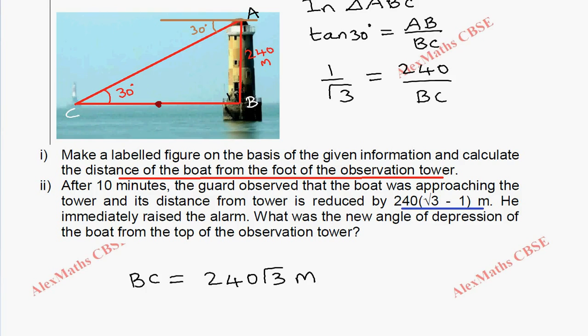Now if we see the boat, then this is the angle of depression. Let's take theta, we don't know how much it is. And they say the distance is reduced by this much. So already we know the distance, which is 240 root 3. Now it is reduced by this much, means we have to subtract. Let's mark this point as D. So we have to find what this DB is.